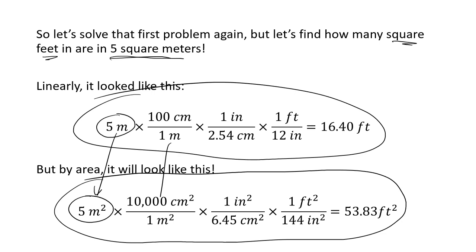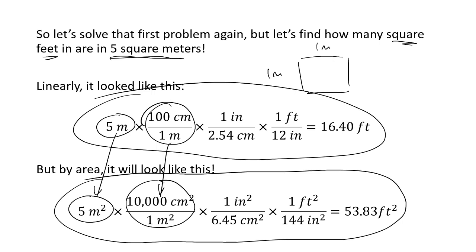If you look at this conversion factor, I've got 100 centimeters to 1 meter, and now I've got 10,000 centimeters squared to 1 meter squared. Again, because I'm going from linear into area, this linear measure into area measure. So I need to think about this one big square here that's 1 meter by 1 meter.